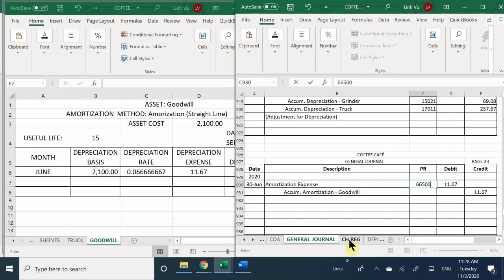Then 19101. Okay, 19101. Thank you. All right, and then here, same thing. You can just write adjustment for amortization.